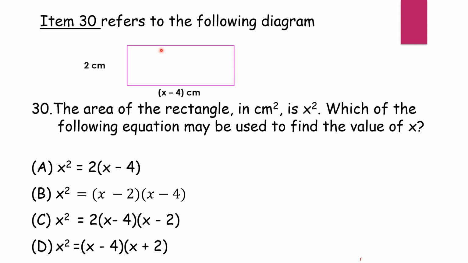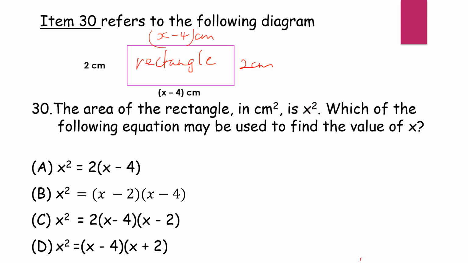Question 30 refers to the following diagram, the rectangle, and we know in a rectangle the opposite sides are equal. So if here is x minus 4 centimeters, on the opposite side is going to be the same. So the area of the rectangle in centimeters squared is x squared.